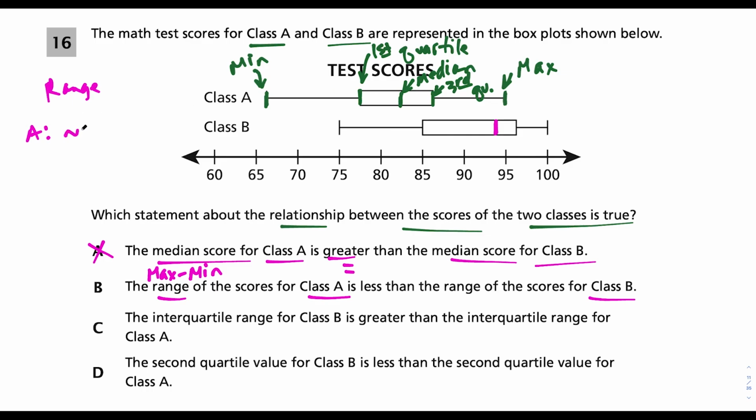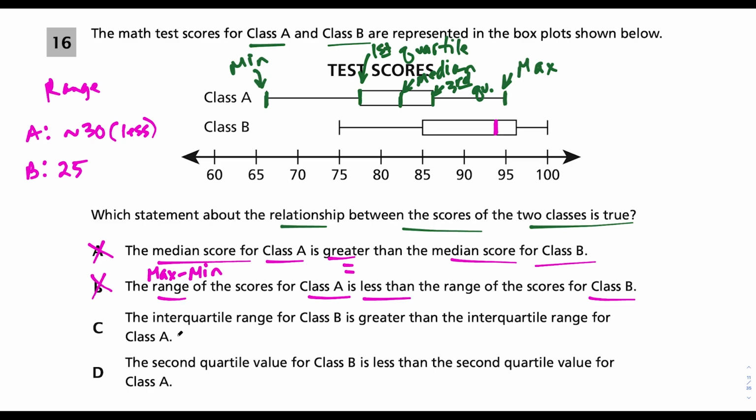So I would say here, it's like almost 30, but a little bit less. Okay, so it's very close to 30. But if we look at B, for Class B, we're going from 75 to 100. So this one is exactly 25. So this one, we're a little bit less than 30, but that's definitely more than 25. So A would have a greater range, not a lesser range. So B is also out.